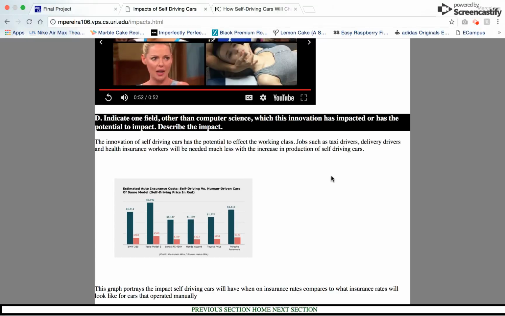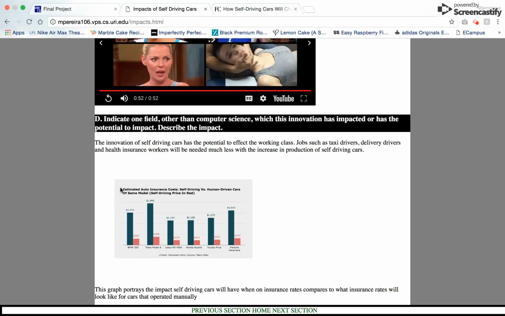And this graph right here actually portrays the estimated cost of insurance of self-driving cars versus human-driven cars. So the self-driving cars are in red, the human-driven cars are in blue, so that's a pretty significant difference. Let's look, for example, out of all of these cars, the most commonly driven car would probably be the Honda or the Toyota.